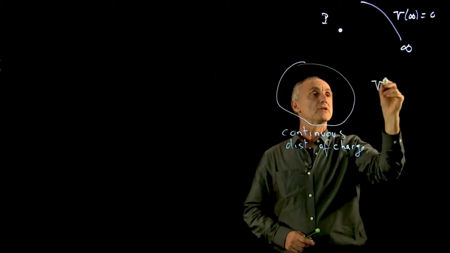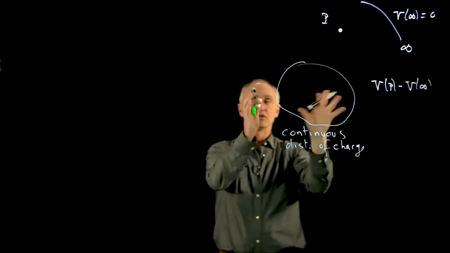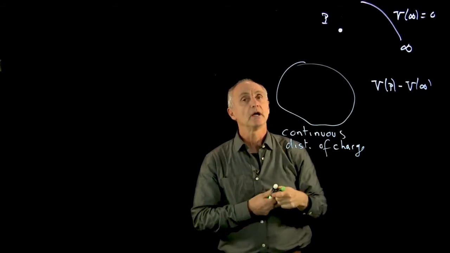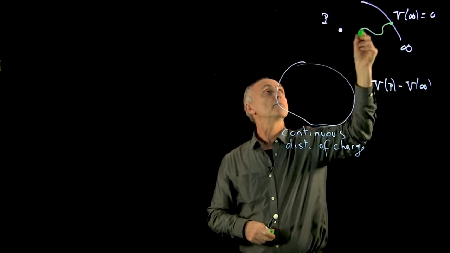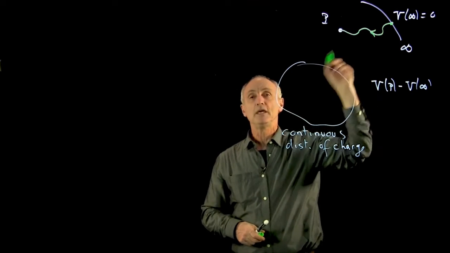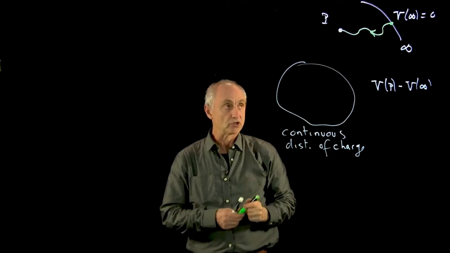So what I want to look at is the potential difference between P and infinity due to this continuous source of charge. Now, recall that amounts to taking a test charge from infinity, moving it to P, calculating minus the work done, and dividing by the test charge.